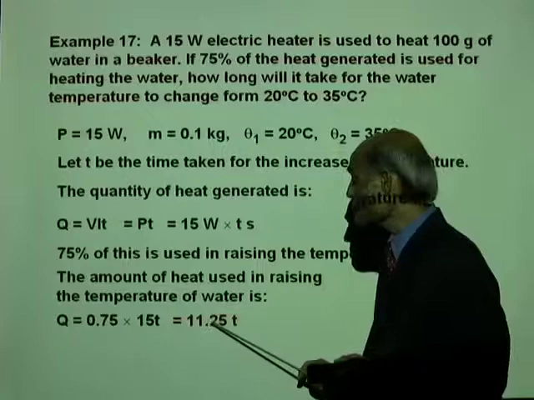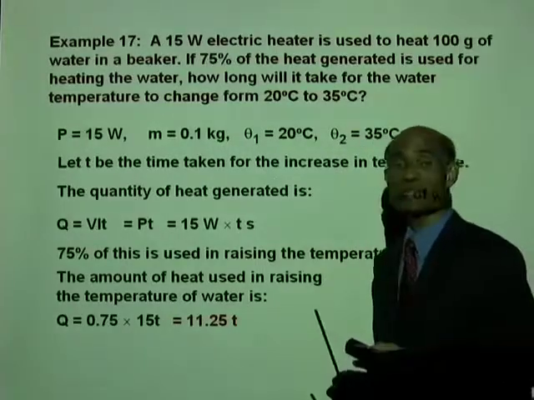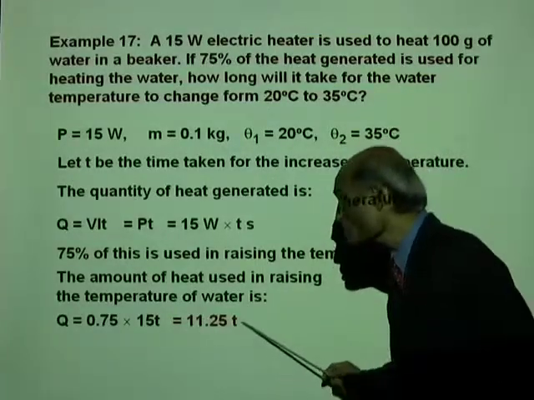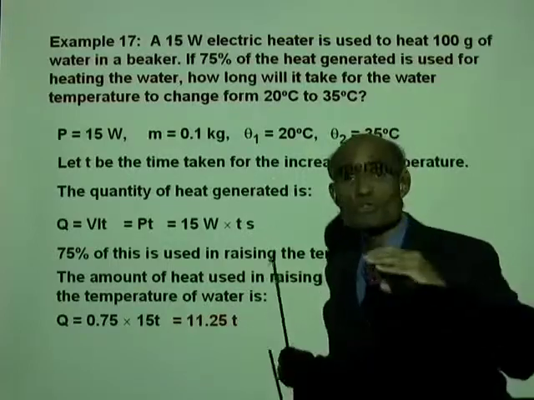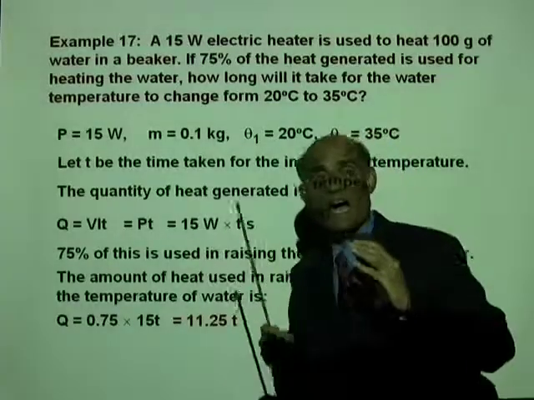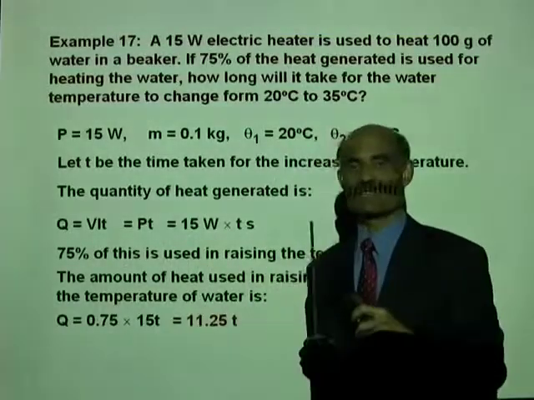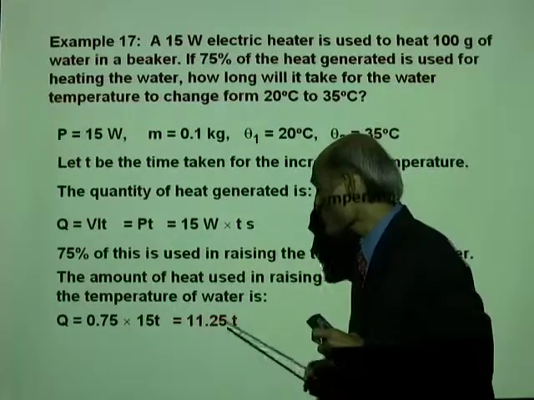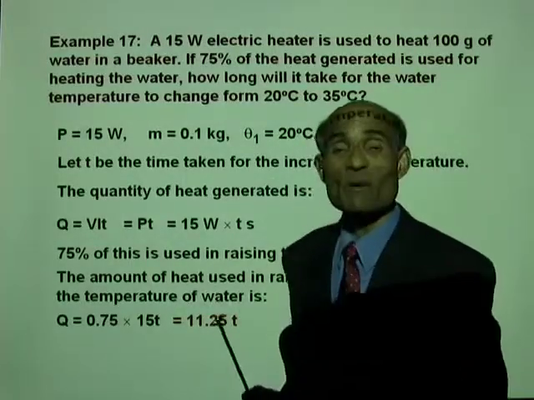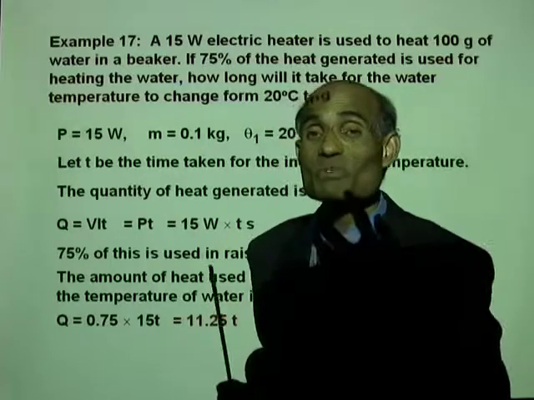That will be 11.25 T. This is the quantity of heat produced by the heater and delivered to water. And this amount of heat is used by water to increase its temperature.